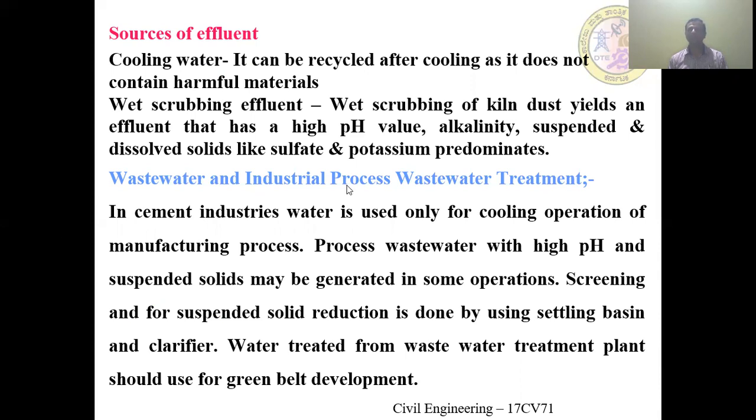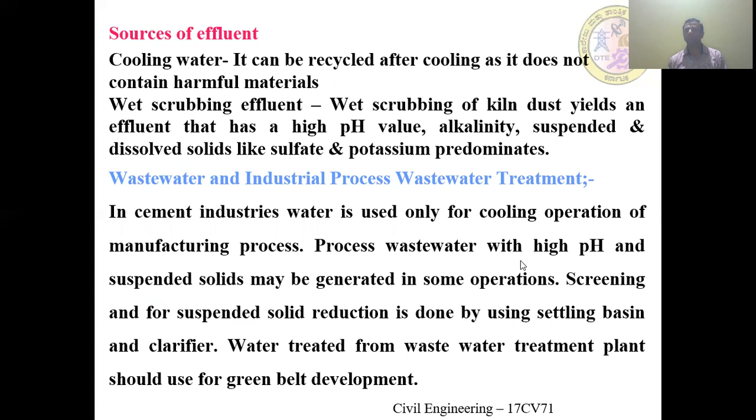Now for the treatment of that wastewater: as you know, no harmful materials are present here. You only have changes in pH, and suspended and dissolved solids. In cement industries, water is used only for the cooling operation of the manufacturing process.